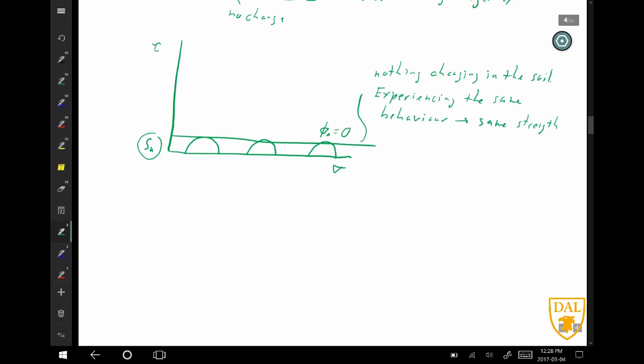Okay. So like I was saying, there's different terminologies here. SU is a common approach. Some people prefer CU, and some people prefer CT, where T stands for total stress. So in this case, we're not looking at effective stresses.